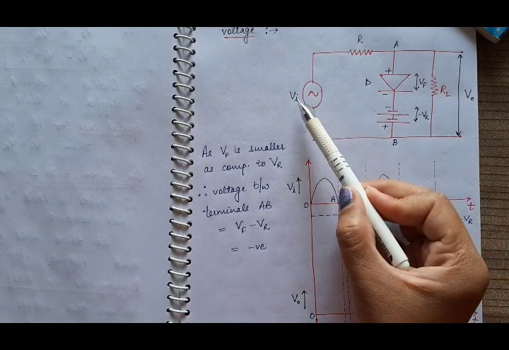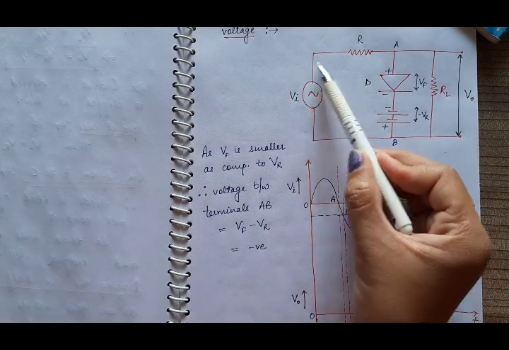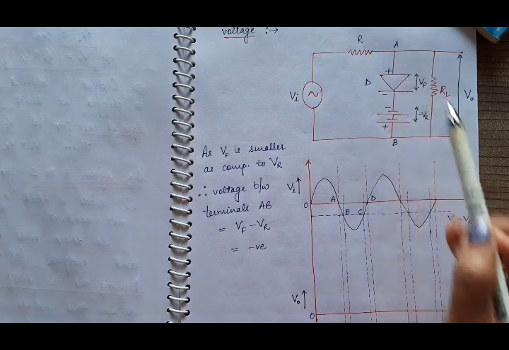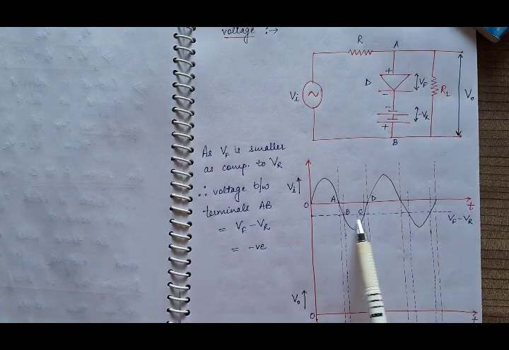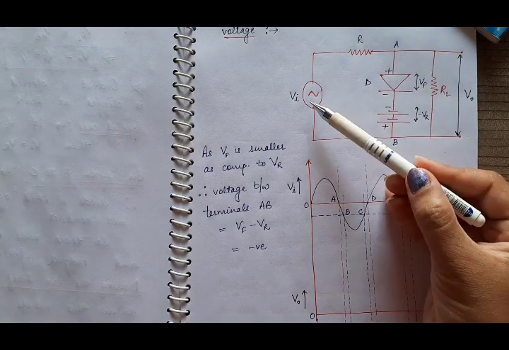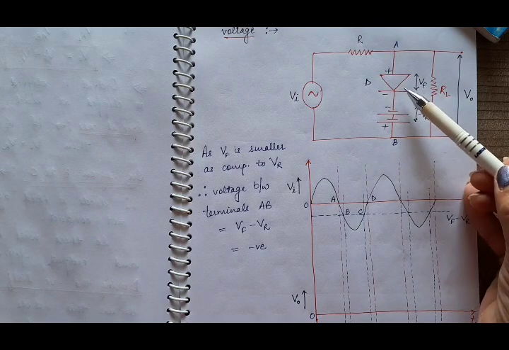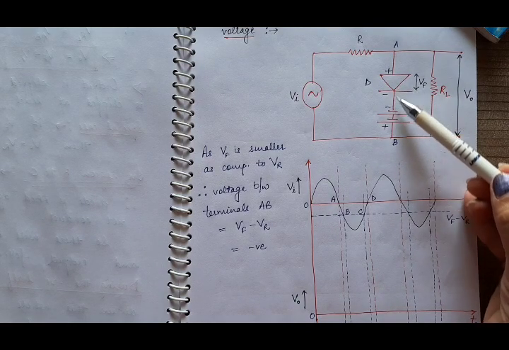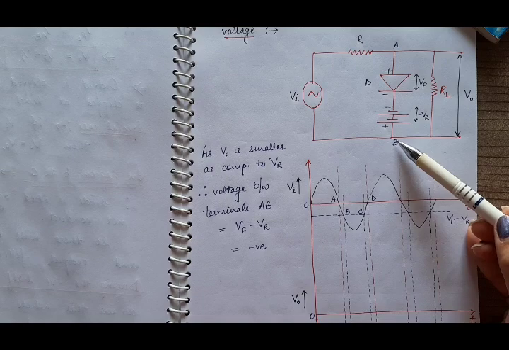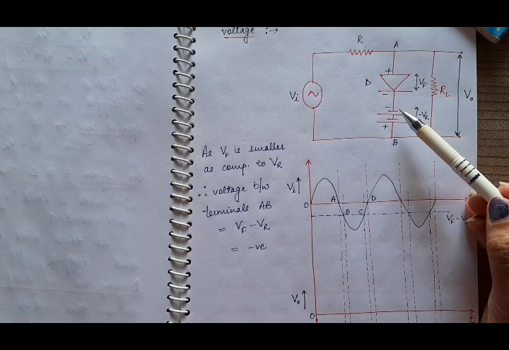Vi is negative, more negative, so it will reverse bias this diode in region BC. So it will not conduct and will not allow any current to flow through this terminal AB. It will act like an open circuit, as if it is not connected in the circuit.